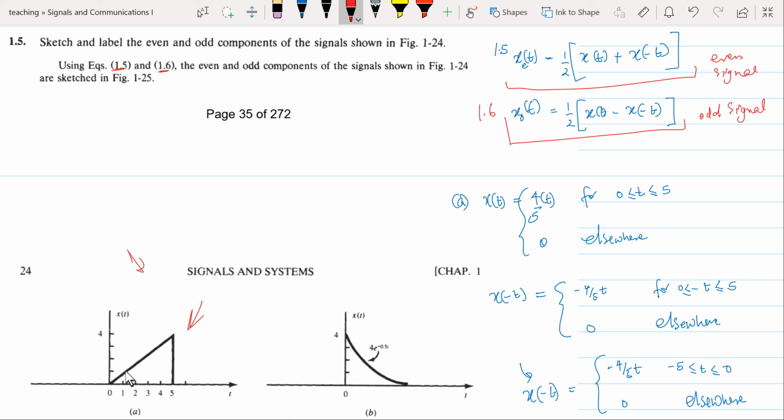And we can simply see that the y-intercept is 0, or rather where this line is crossing the y-axis. And our y-axis, of course, is x of t. This is our x-axis.